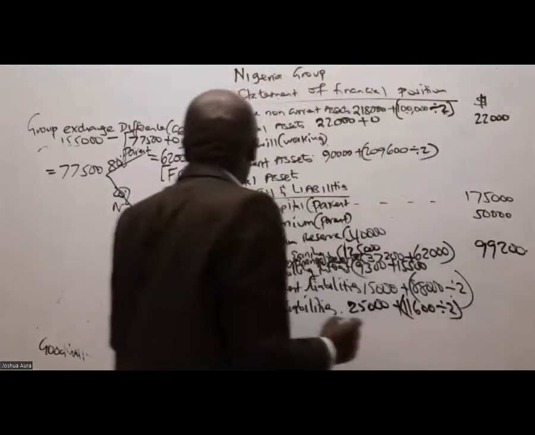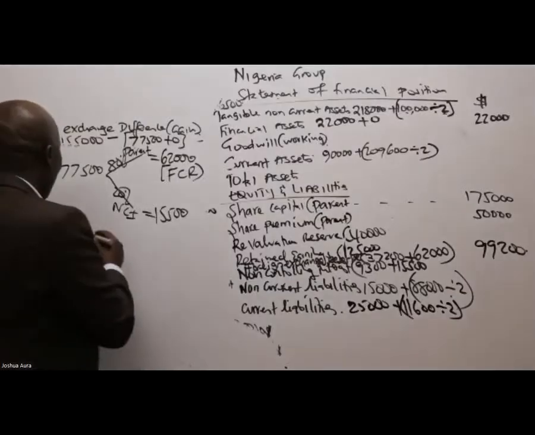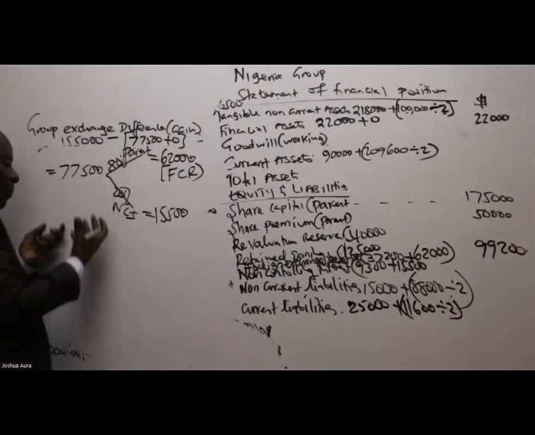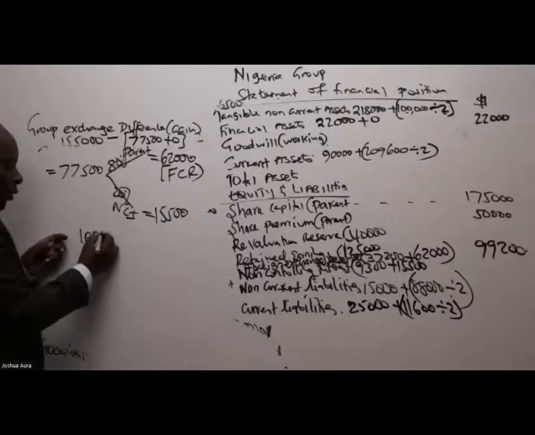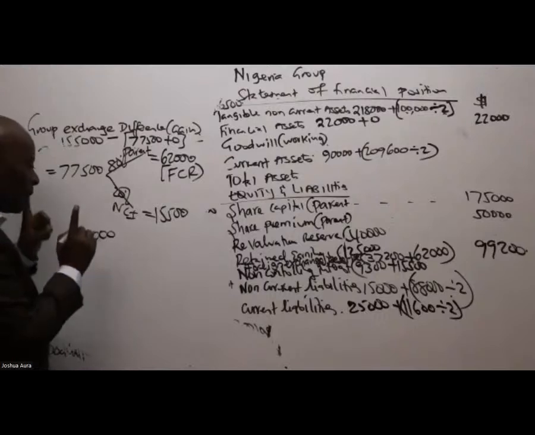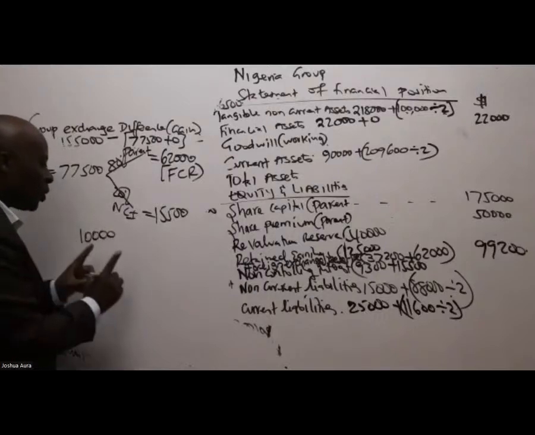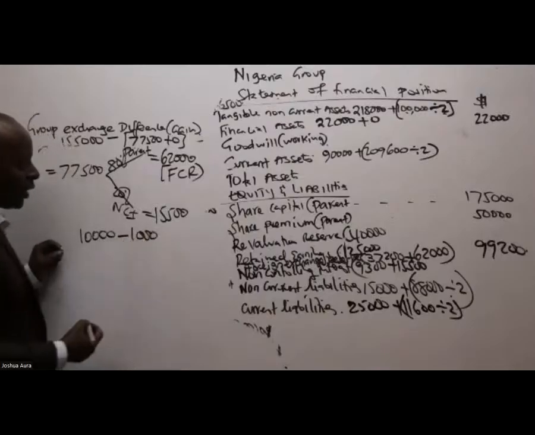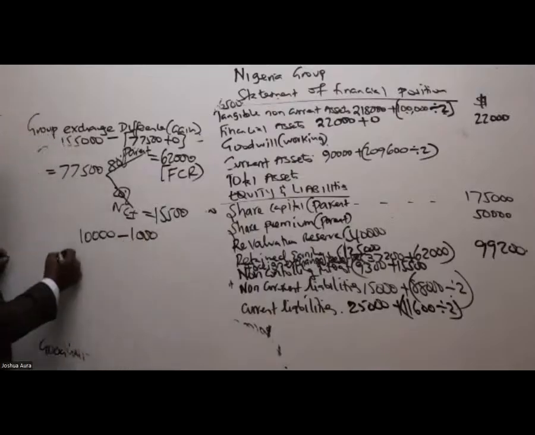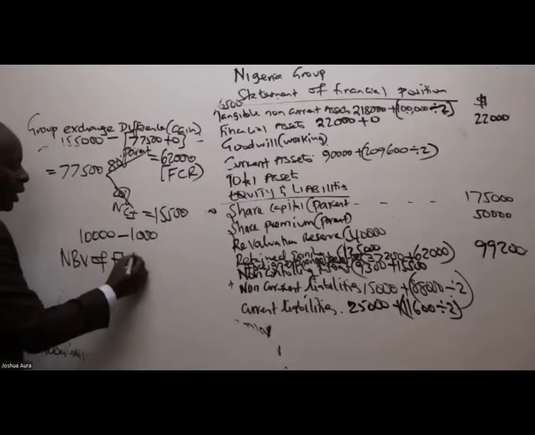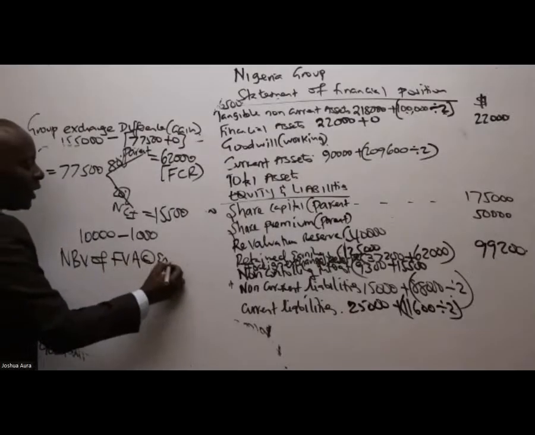This fair value adjustment, ladies and gentlemen, remember at acquisition, we did a revaluation upwards of 10,000, right? But remember that there was depreciation over 1,000. So then what is the net book value of this fair value adjustment at the end of the year?